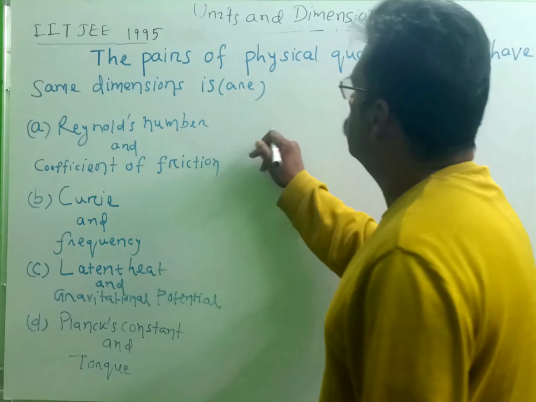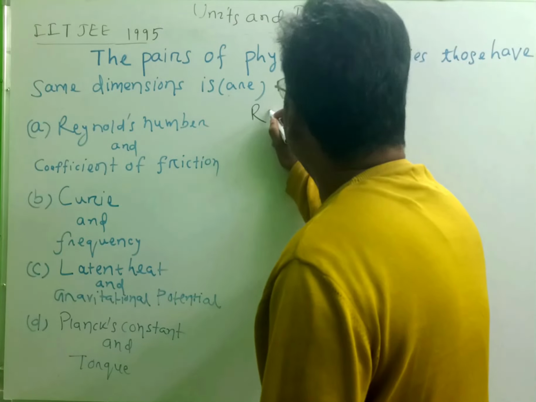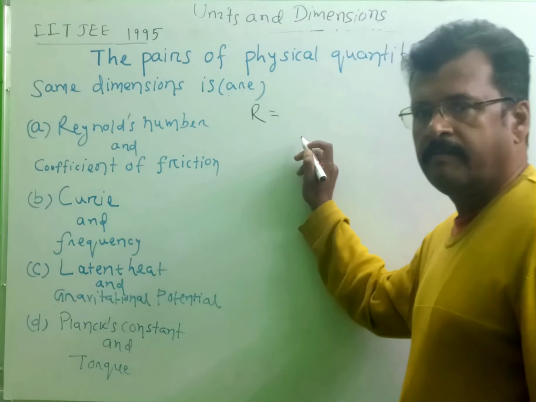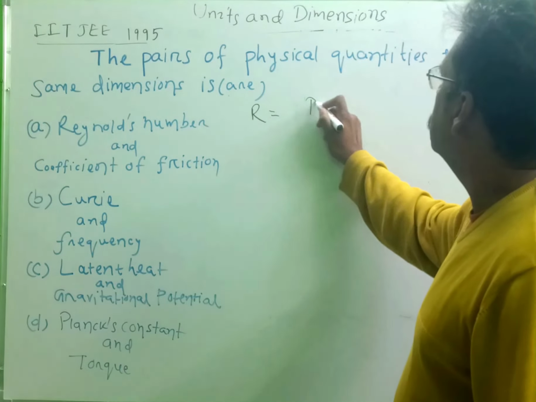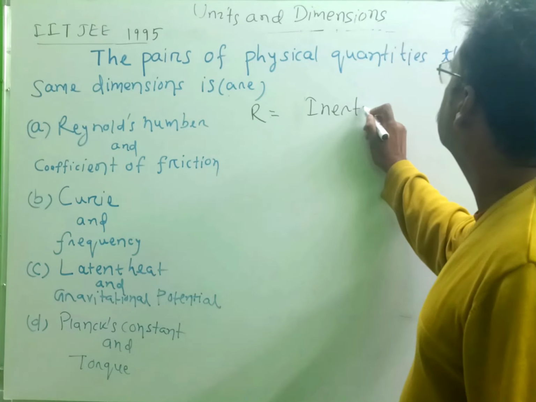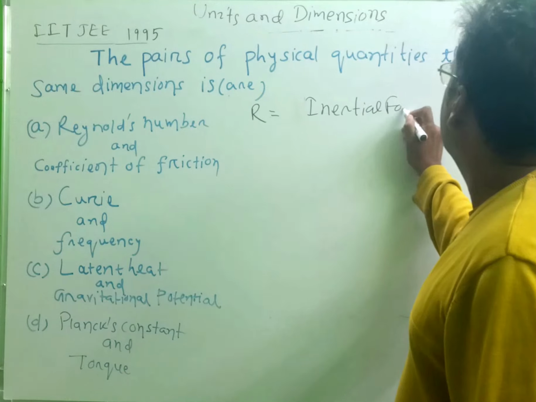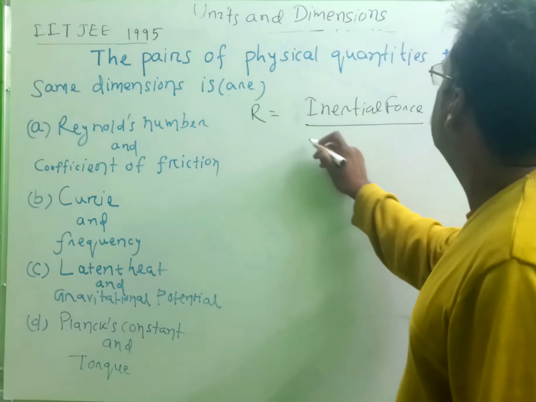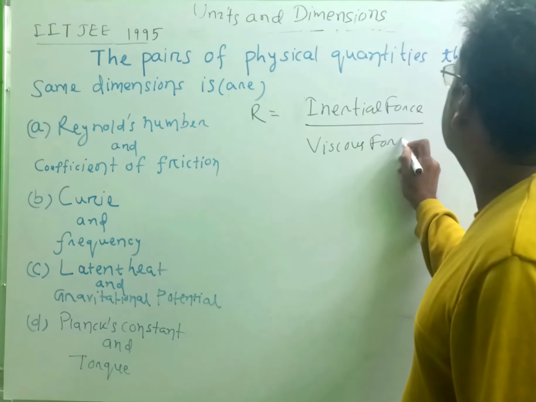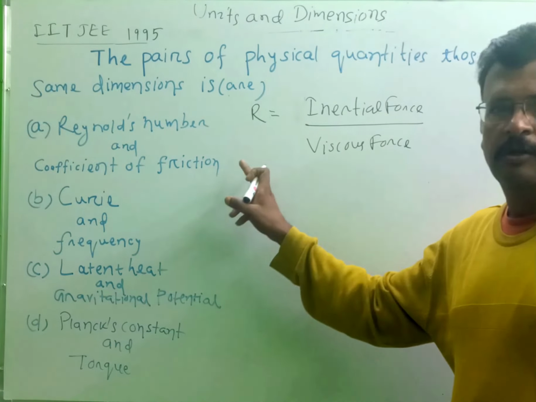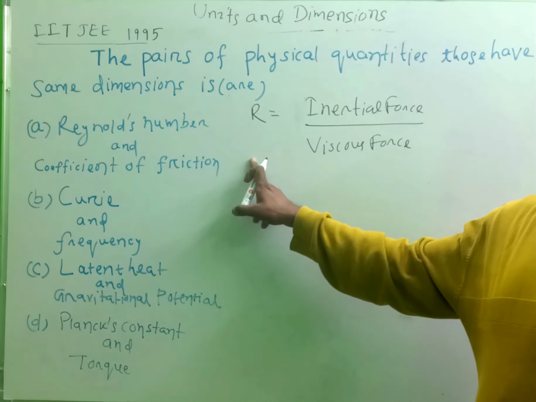What is Reynolds number, student? Reynolds number is the inertial force upon viscous force, in the study of fluid dynamics.